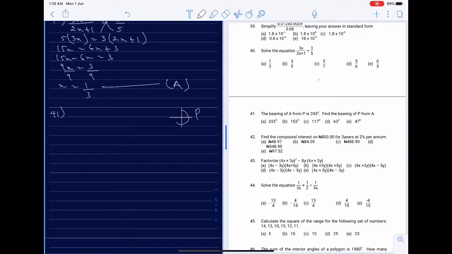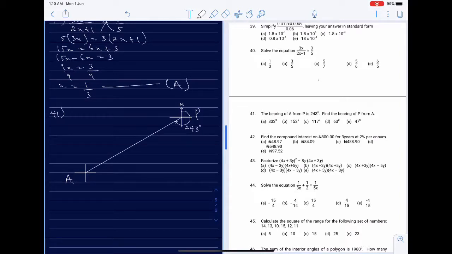So A can only be here. That means A is going to be somewhere around here. Let me call this point A. And the angle from the north pole at P to the line that joins P to A is that line. So that's actually the bearing, and it is 243 degrees. That's the bearing of A from P.